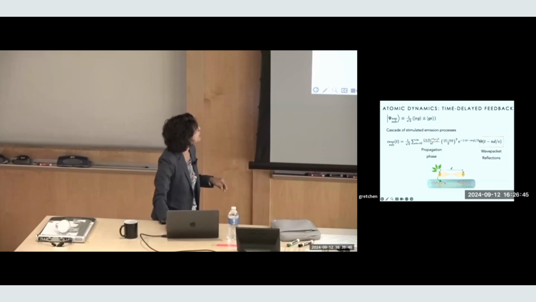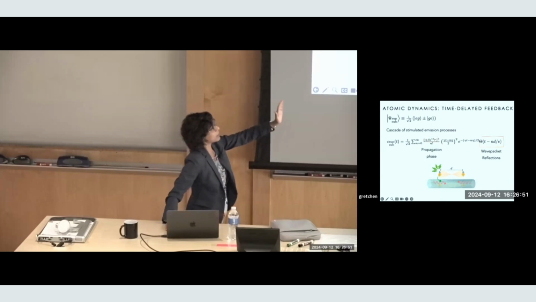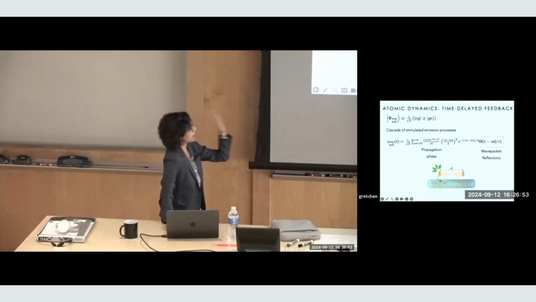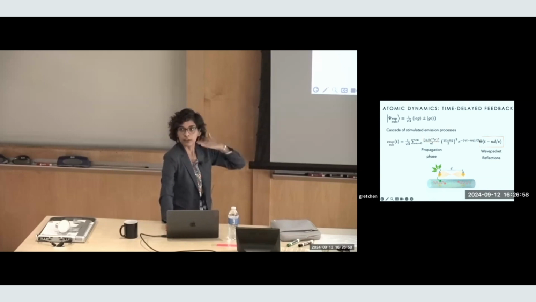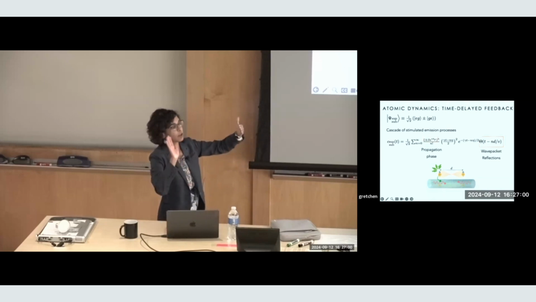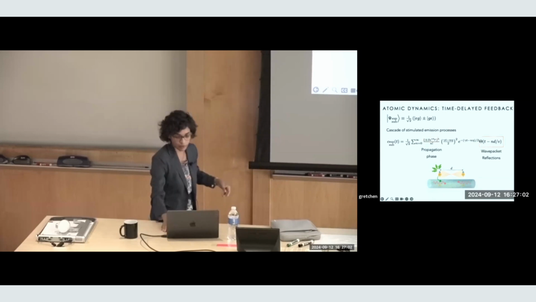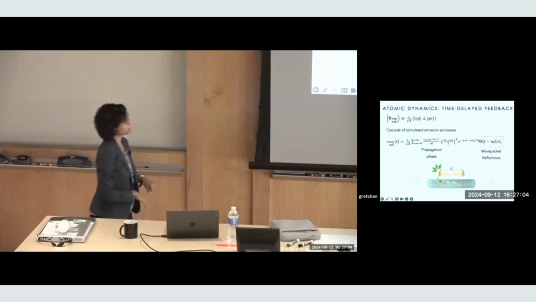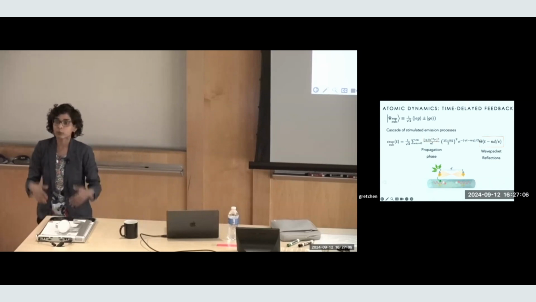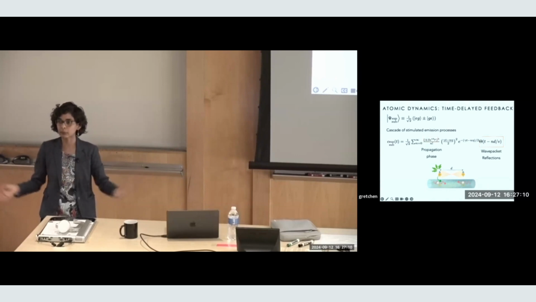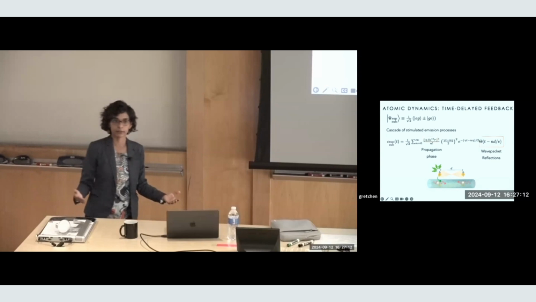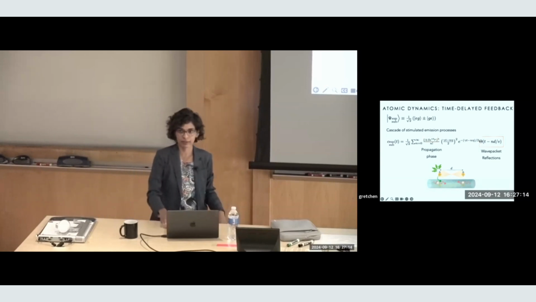So what you're seeing here is that each of the atoms updates its dynamics every time it sees a photon, after the time it takes for light to go from one atom to the other. So what this collective dynamics really is, is a cascade of mutually stimulated emission between these two atoms. Or if you had more atoms, then that.